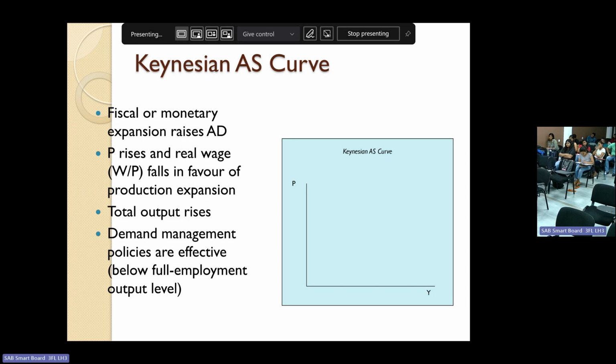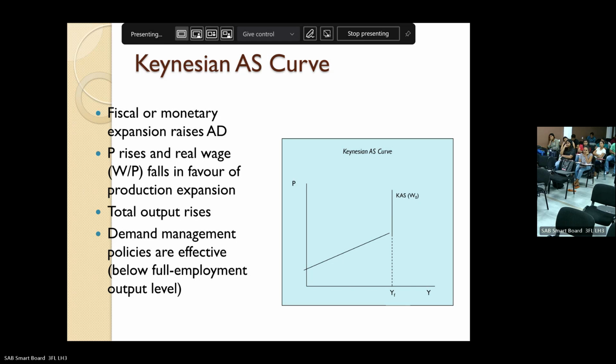In order to explain that, we need the other side also, not only the demand; we need supply, aggregate supply. For example, the Keynesian aggregate supply curve should be horizontal.